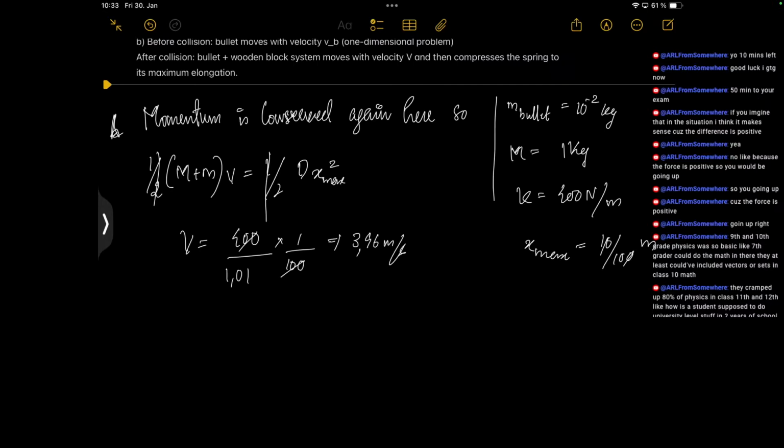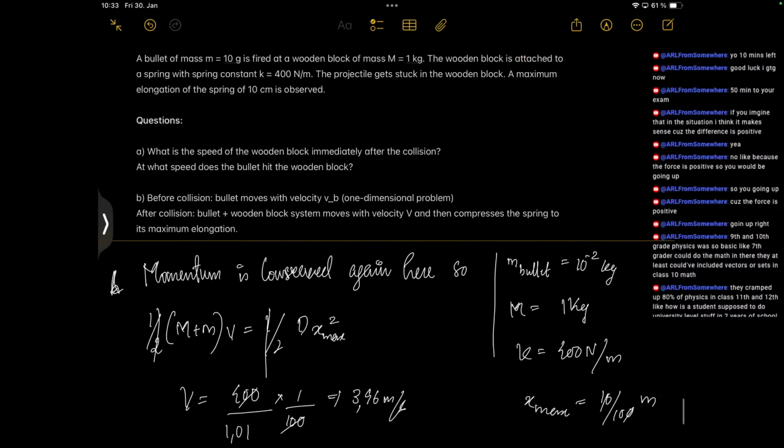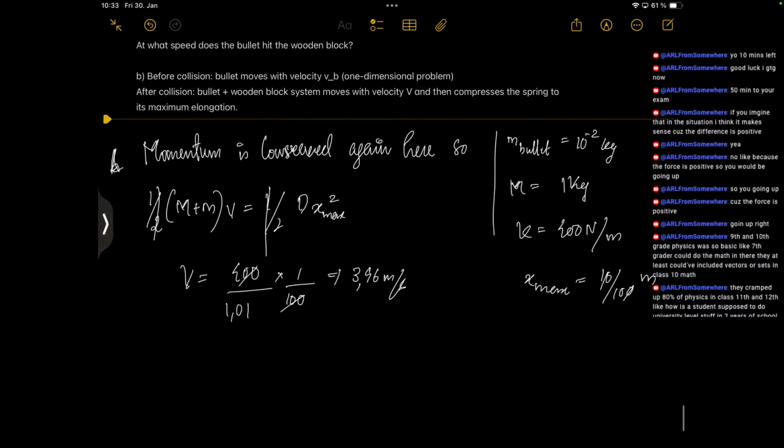From this, we could calculate the velocity after collision. At what speed does the bullet hit the wooden block?